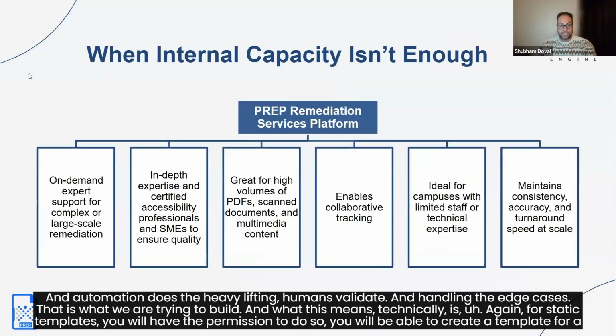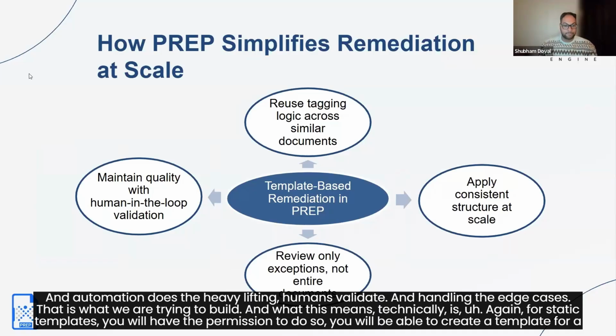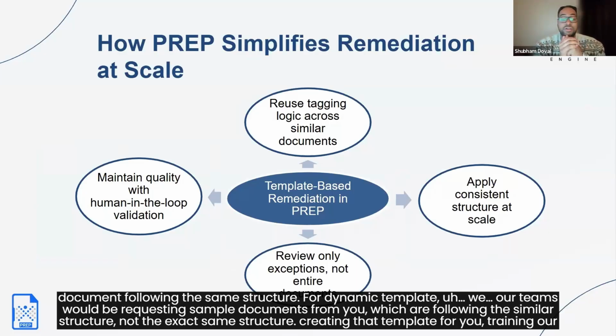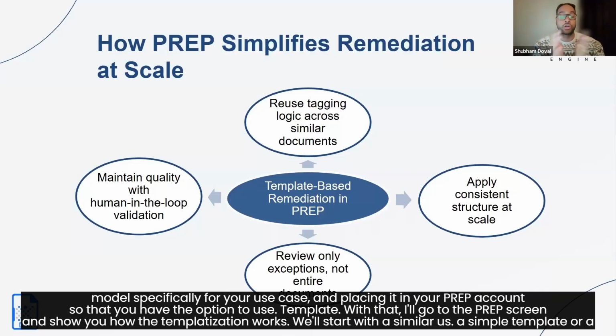And what this means technically is, for static templates, you will be able to create a template for a document following the same structure. For dynamic templates, our team would be requesting sample documents from you which follow a similar structure, not the exact same structure, creating that template for you, training our model specifically for your use case, and placing it in your Prep account so that you have the option to use the template.